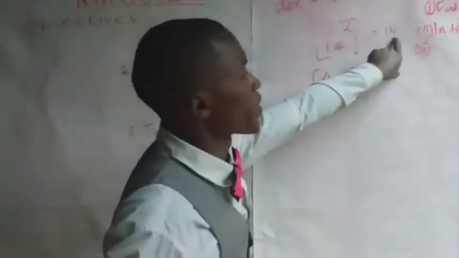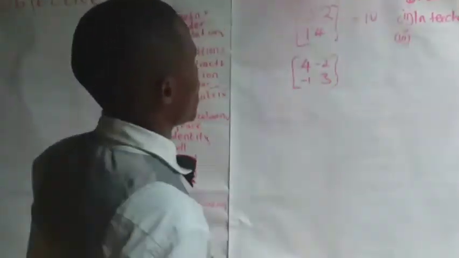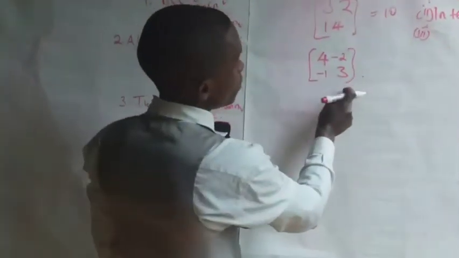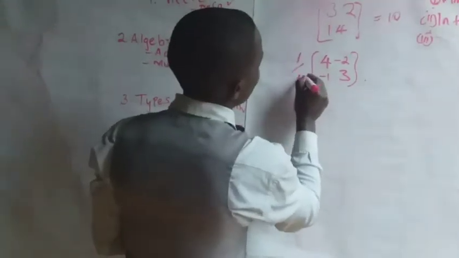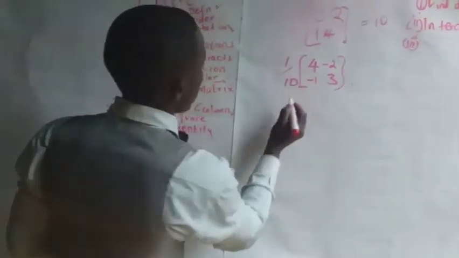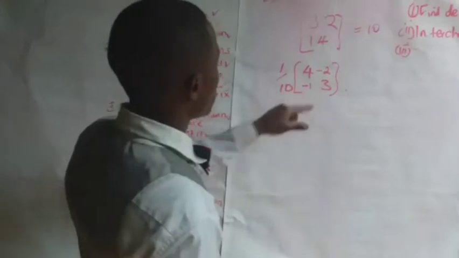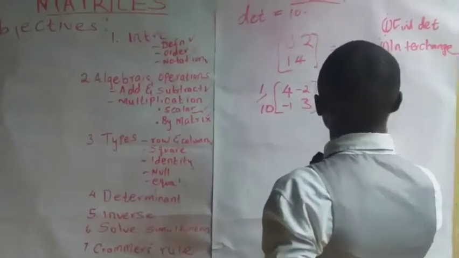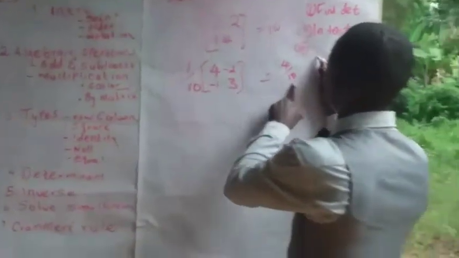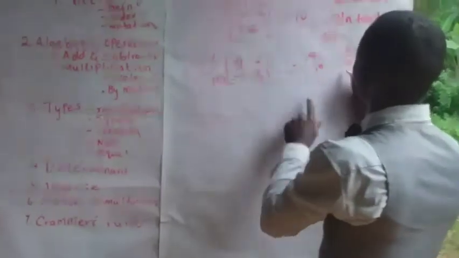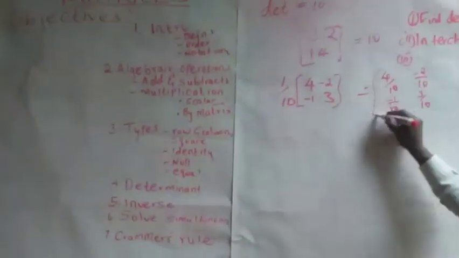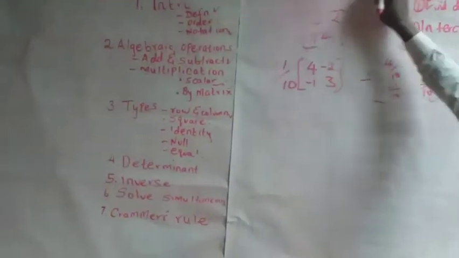But remember we got the determinant. So what do we do with the determinant? Divide every element of this matrix by the determinant, so you multiply by 1 over the determinant. So you easily get 4 over 10, negative 2 over 10, negative 1 over 10, and 3 over 10. So this is what you get after finding the inverse of this matrix.